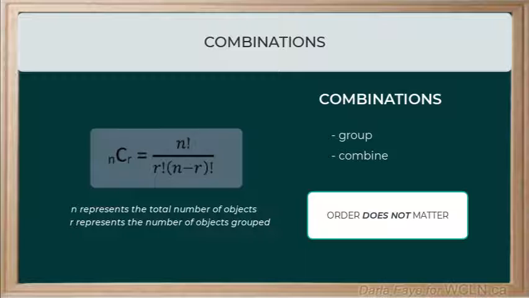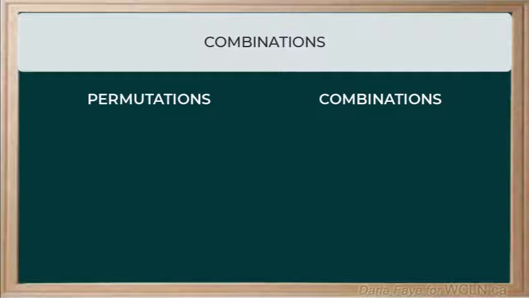Now you might notice that this equation looks very similar to our permutations equation. Essentially, all that's happened here is I've divided by an extra r factorial. And what I'm doing is eliminating the permutations that are the same combinations. Let's dig into that a little bit further.